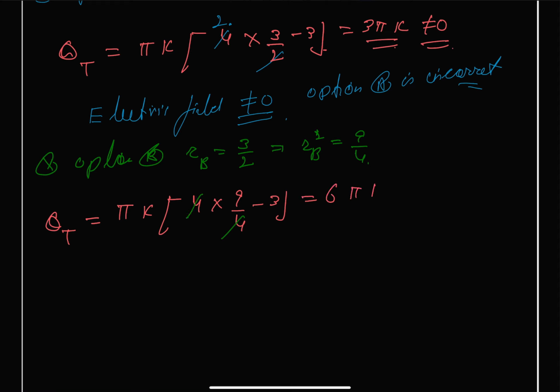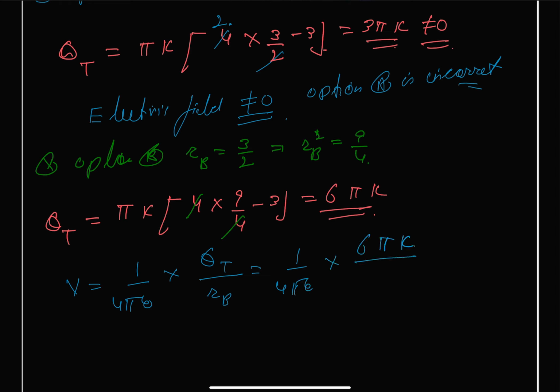And we need to find out the potential just outside the spherical surface. Therefore we can say potential V will be equal to 1 upon 4 pi epsilon naught, our charge enclosed Qt upon RB. This comes as 1 upon 4 pi epsilon naught, this is our 6 pi K, and RB is 3 by 2.